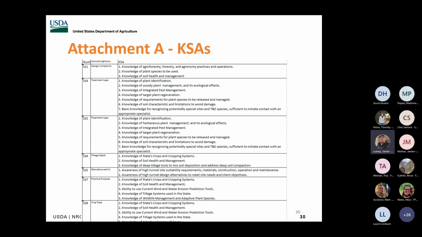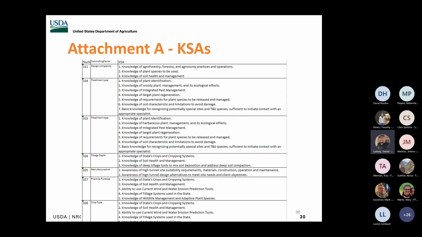And then talking about our KSA, this gives a list of what knowledge, skills, and abilities you should have to be able to request that. It gives you a basic breakdown for each of those different levels, classes 1 through 5, of what your knowledge, skills, and abilities should be. So it's showing you what you need to know for your increases or requests for new practices altogether.